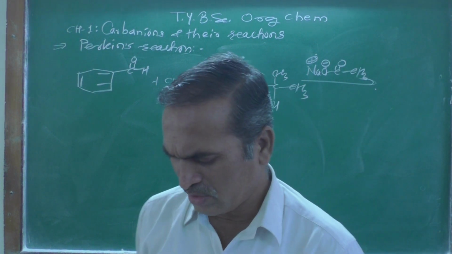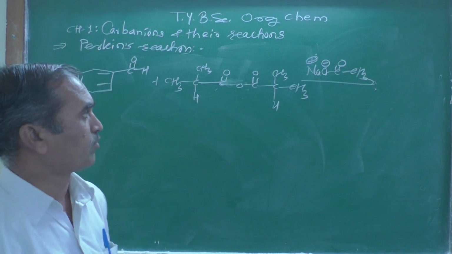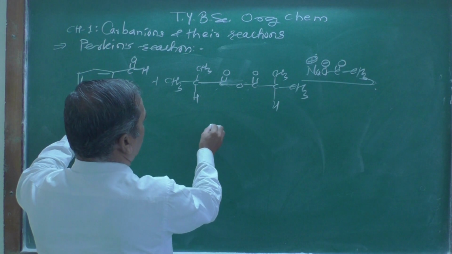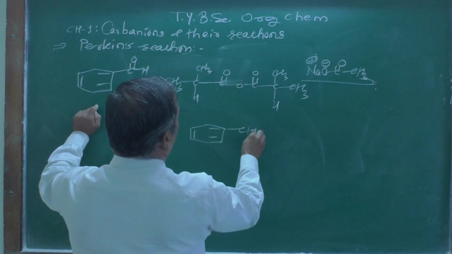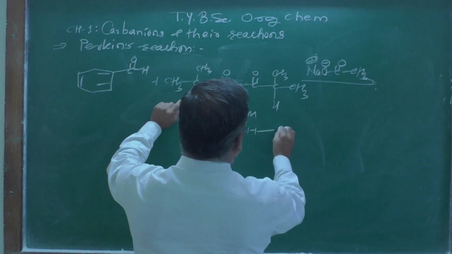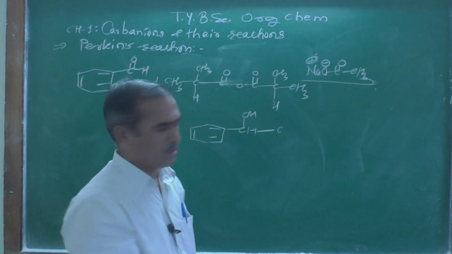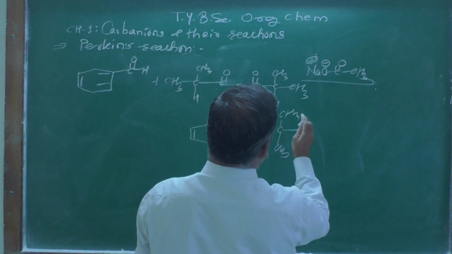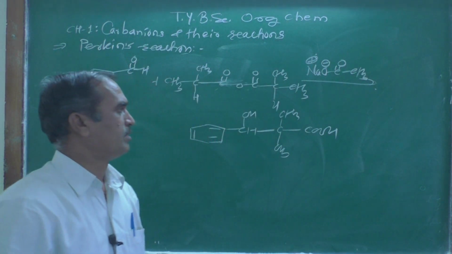But here only one alpha hydrogen atom is present, and therefore it will produce the products like this. Benzene, then CH, OH, then this C, then you are going to get over here this CH3 and this CH3, then after that COOH, that is the acid group.